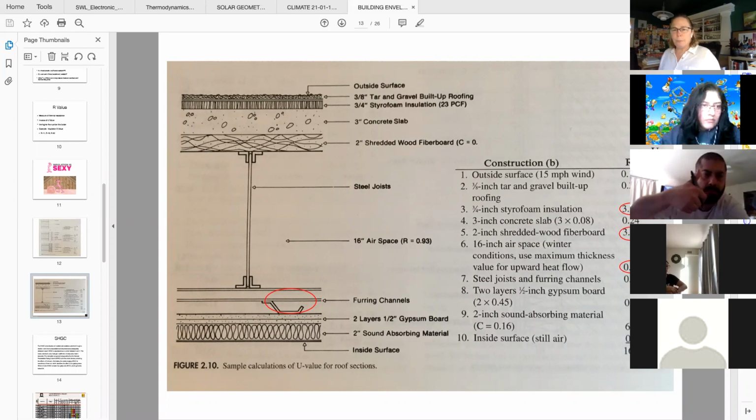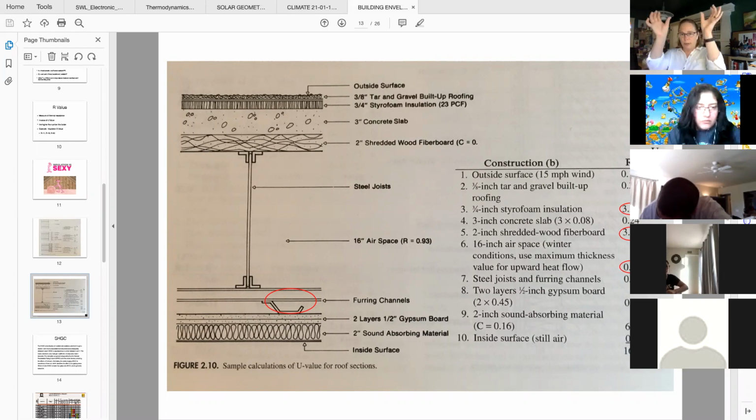I believe I briefly mentioned the passive house movement at one of our classes. It started in Germany, and it is promoting an incredibly high-performing envelope. What they require is actually a double stud construction wall with insulation in both studs, and then also an airspace in between, which is acting as a thermal break.